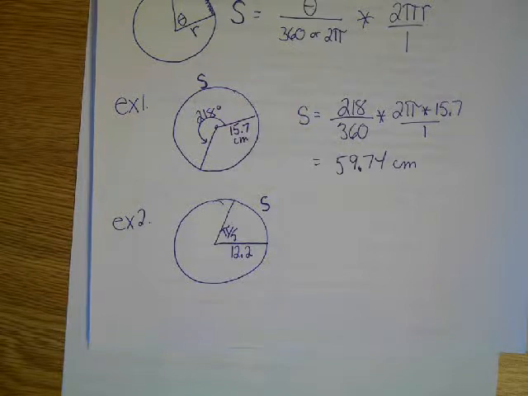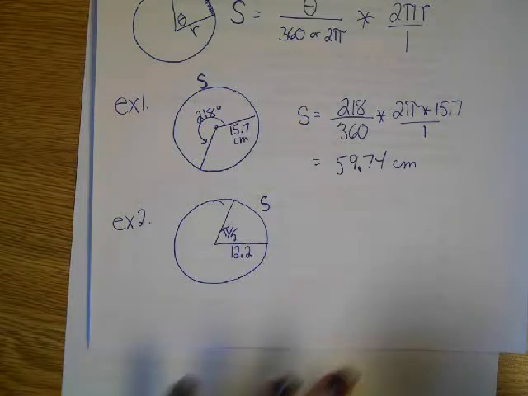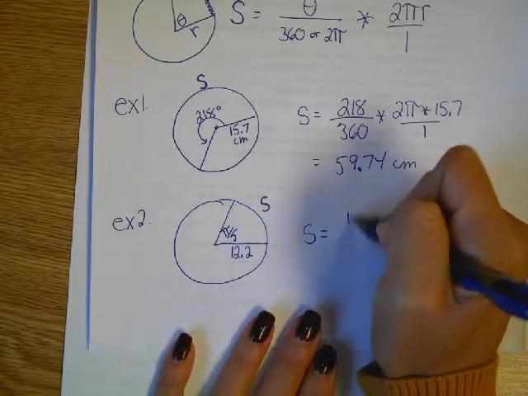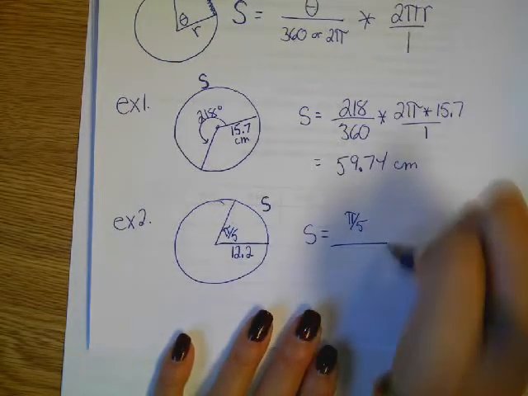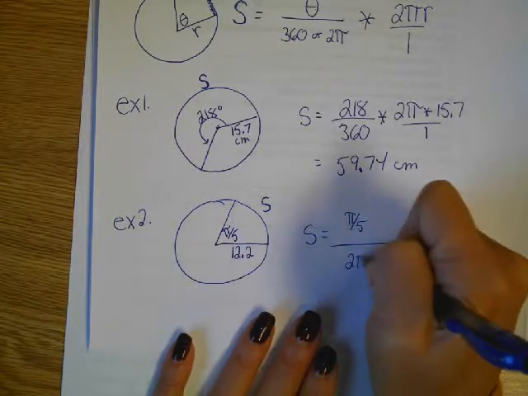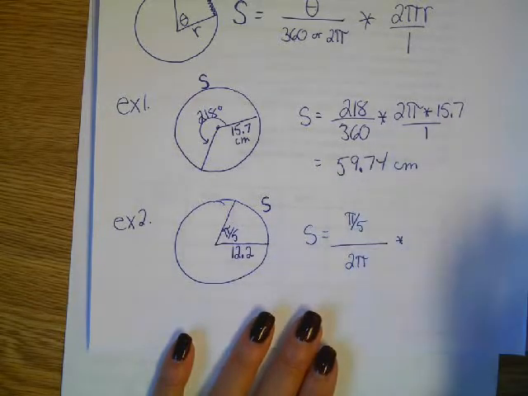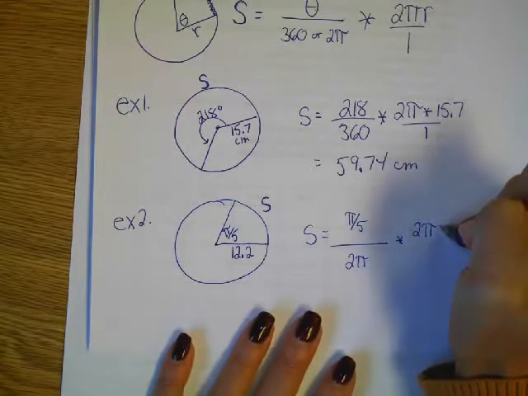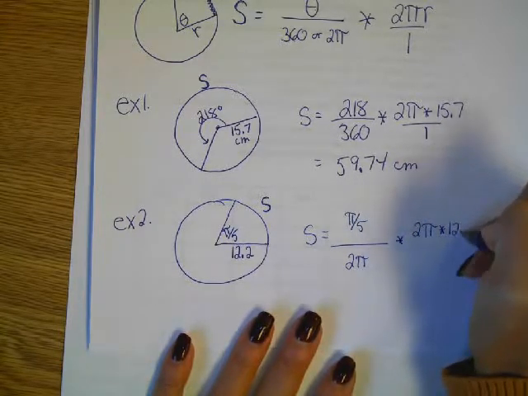Nothing changes. It's still fraction times circumference. But to find our fraction, the denominator changes. So we've got a pi over 5. And what's the full rotation in radians? 2 pi. Then we multiply by the circumference, which is still 2 pi r. 2 pi times 12.2.